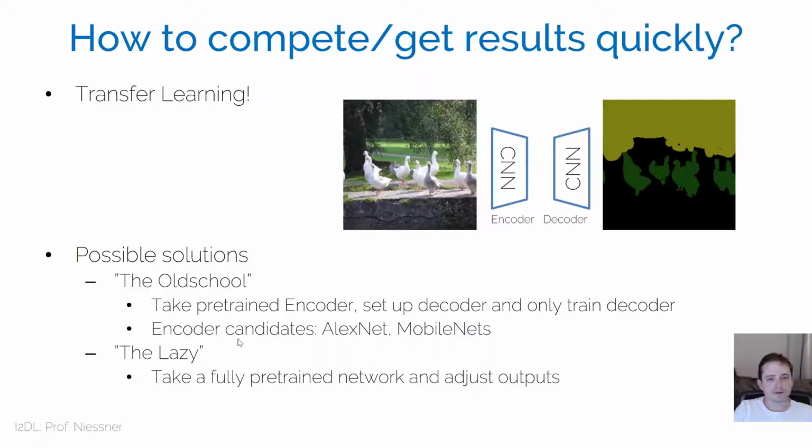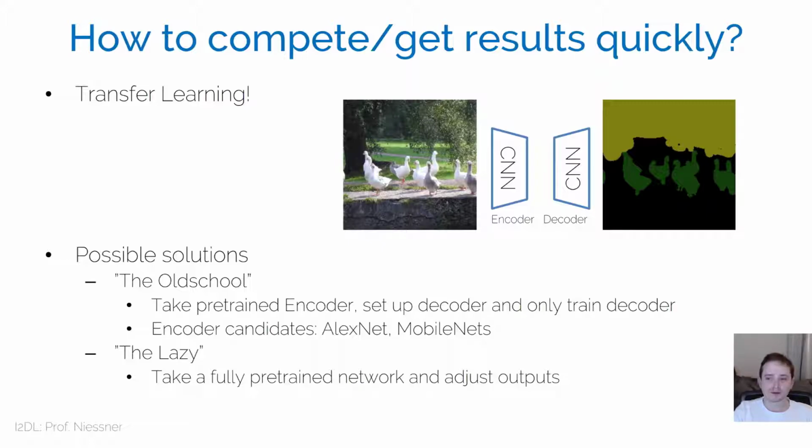All right, so some tips for this exercise, how to compete and get results quickly. So the first thing that will save you a lot of time and get you a lot of accuracy is to use transfer learning. Our data set is not so big, and you have models out there that were trained on ImageNet that have seen millions of photos and are fine-tuned with hyperparameters, and it's a shame not to use them.